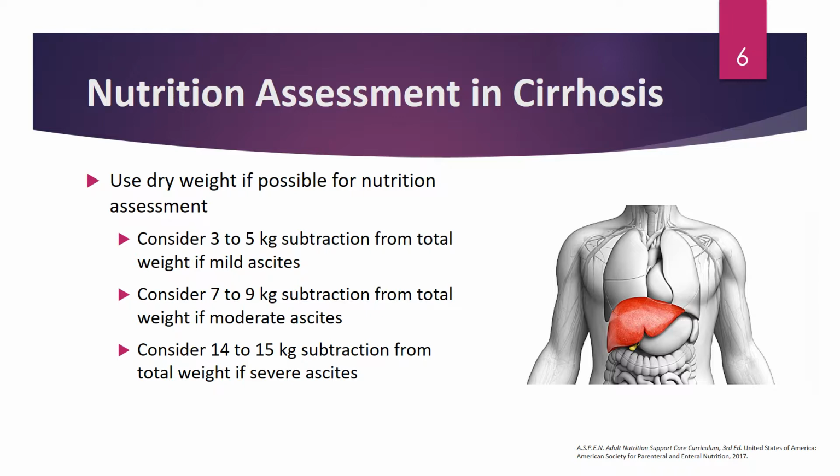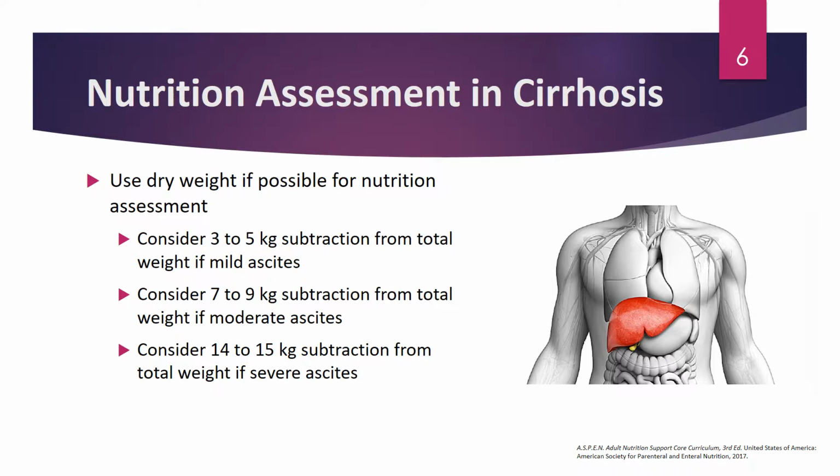And depending on the severity of that fluid buildup or ascites on their belly, that might dictate the amount of actual dry weight that we calculate for a patient. So if a patient has mild ascites, they should have their total weight subtracted by 3 to 5 kilograms.